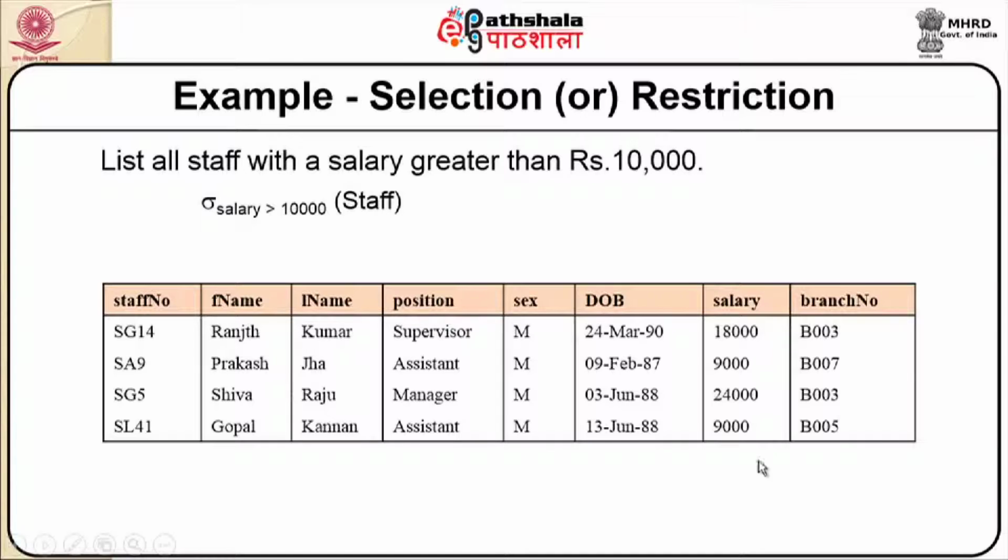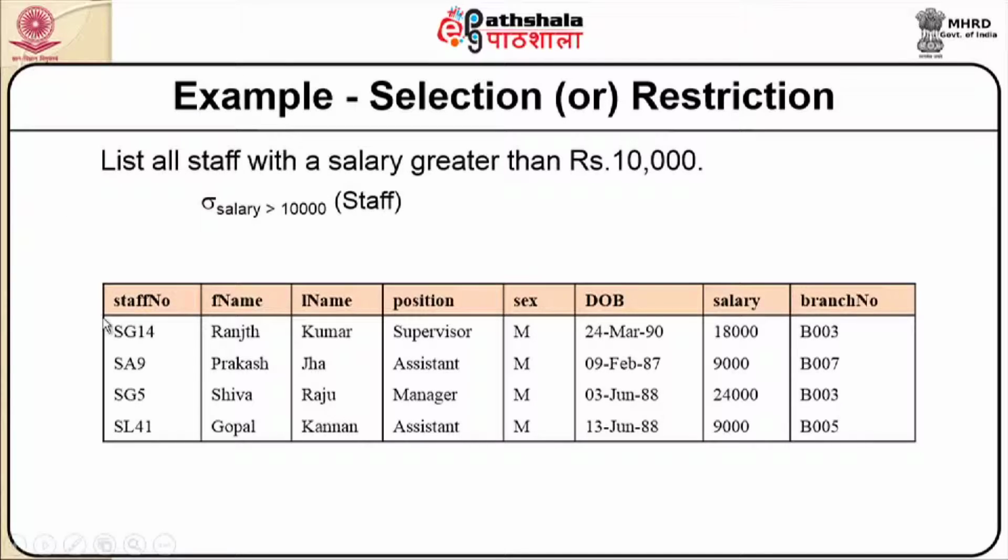Assume this is the list of records that is available for staff. The condition is to check on the salary greater than 10,000. Only 2 records will be highlighted of the 4 records, which will be the result. So the salary greater than 10,000: 18 is greater than 10,000, 24 is also greater than 10,000, whereas 9,000 is less than 10,000.